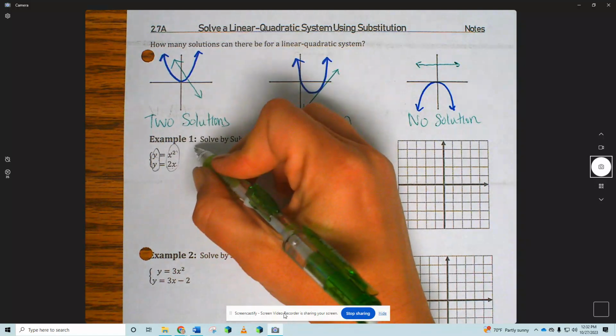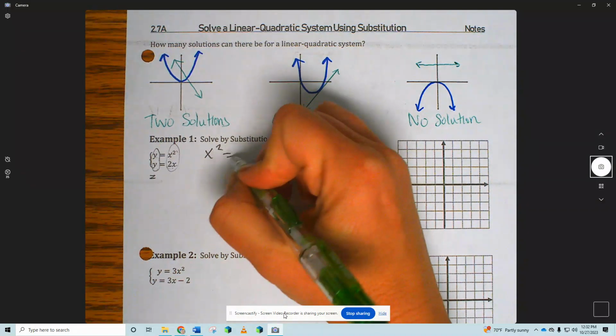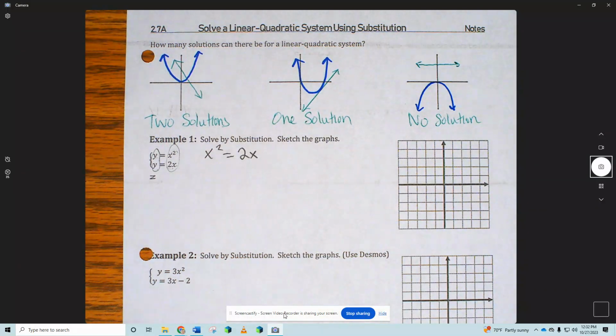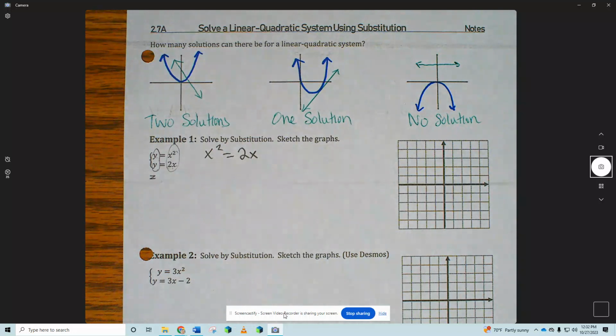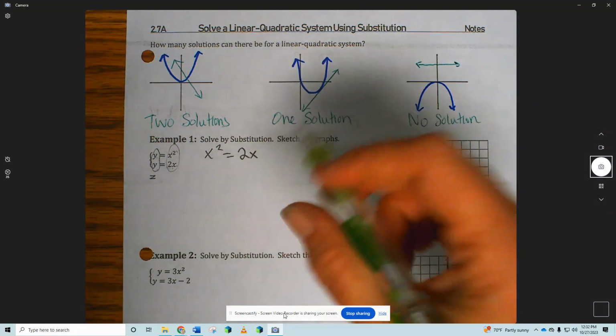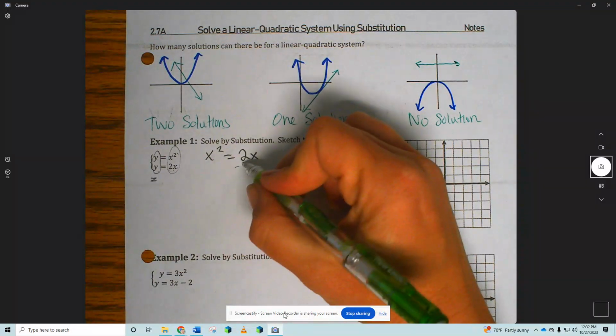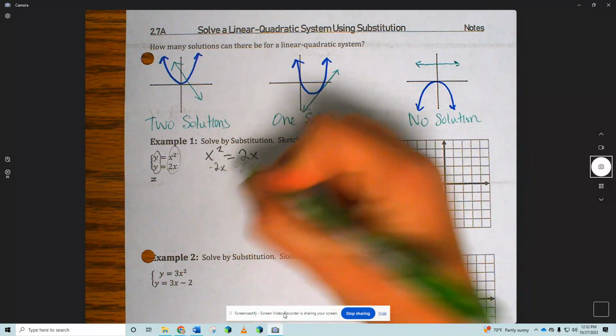So you're going to set, because they're both y equals, I'm going to set these 2 equal to each other. Then I can't do anything with that. So you're going to move everything over to one side to set it equal to 0, because maybe I can factor it. So I'm going to move everything to one side.